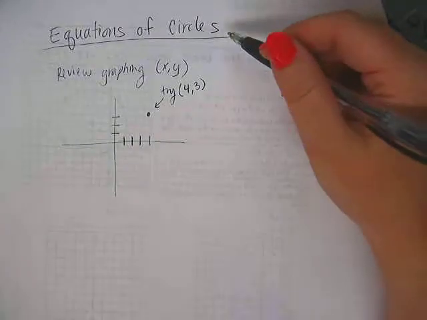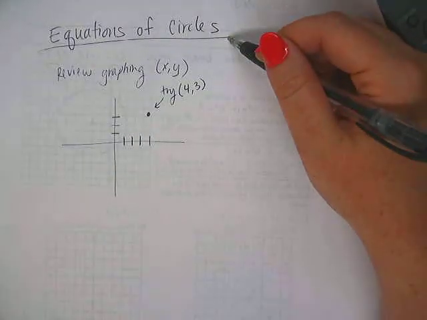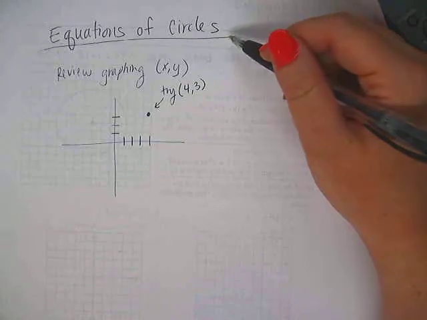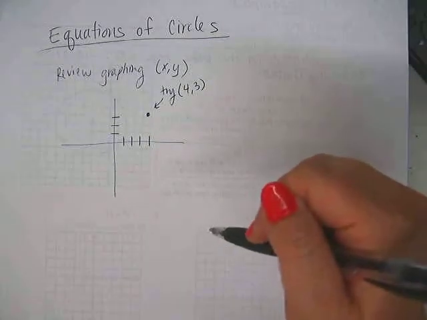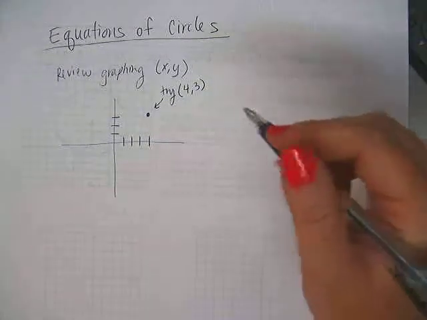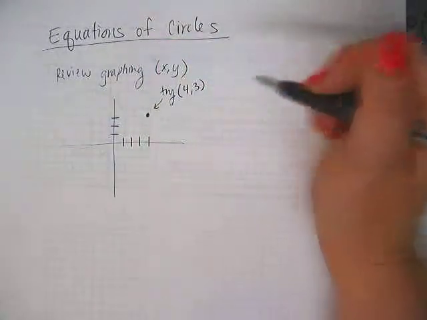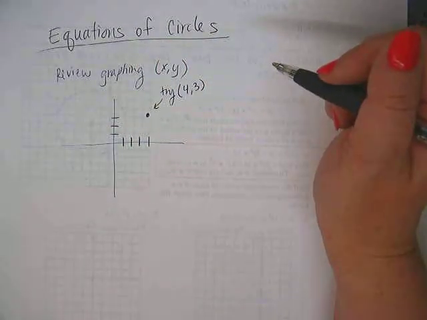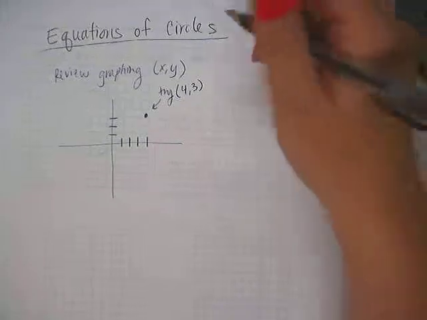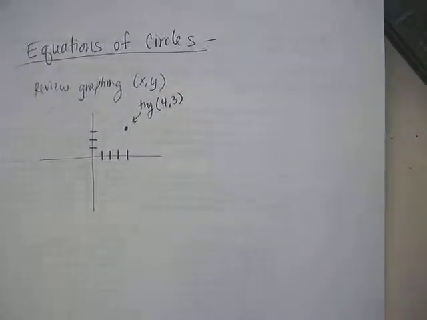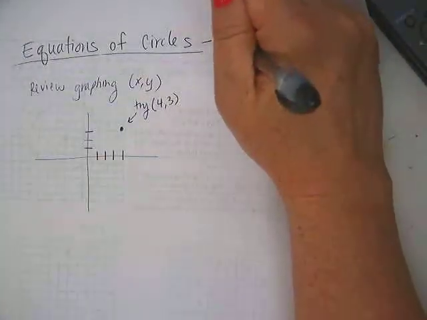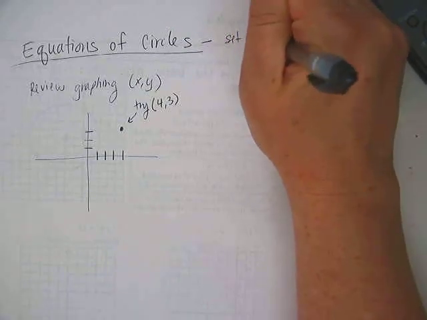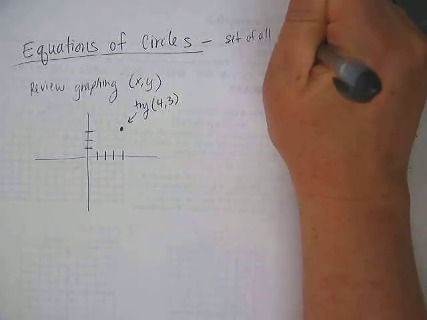Okay, the thing that's important today is we're learning about the equation of a circle, not the equation of a line, but the equation that would actually graph a circle. Okay, so tell me the definition of a circle again. Do you remember? A circle is the set of all points.